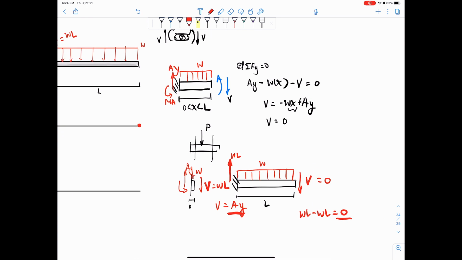Just going back a bit, you remember this equation we figured out here, and we also figured out that AY was equal to WL. So let's just say we cut it at the end of the beam.